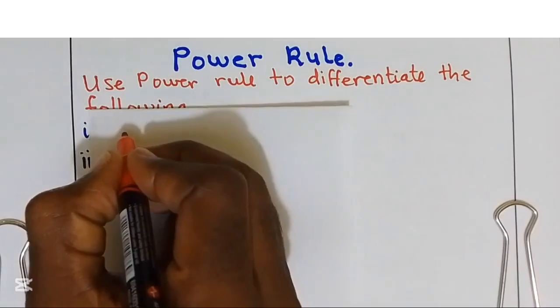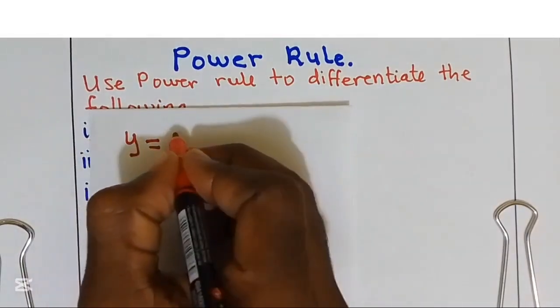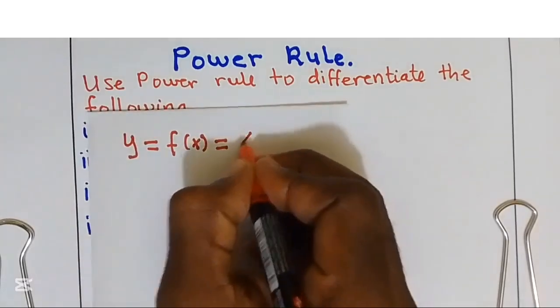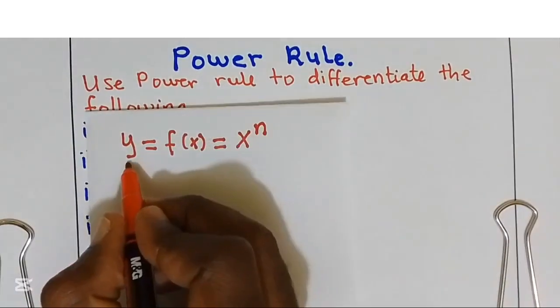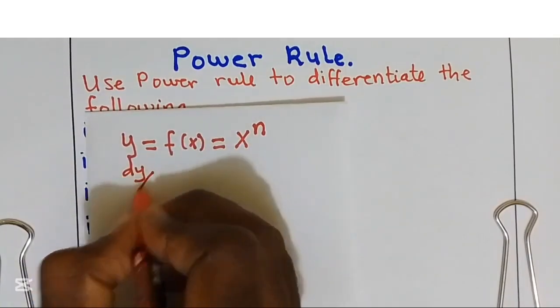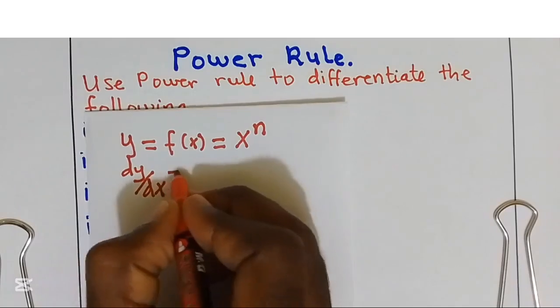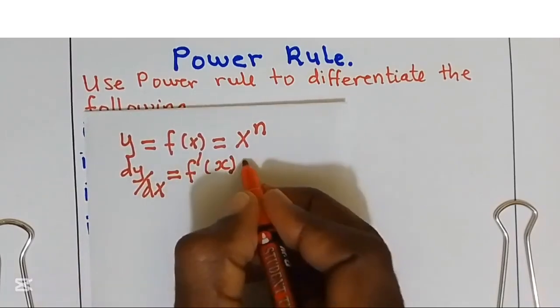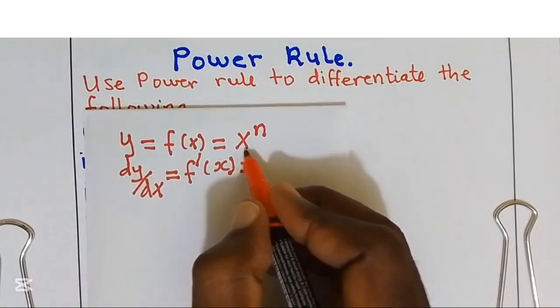For a given function, y is equal to f of x is equal to x power n, the derivative of y with respect to x, dy over dx, which can be written as f prime of x, is equal to a given polynomial with the power of n.